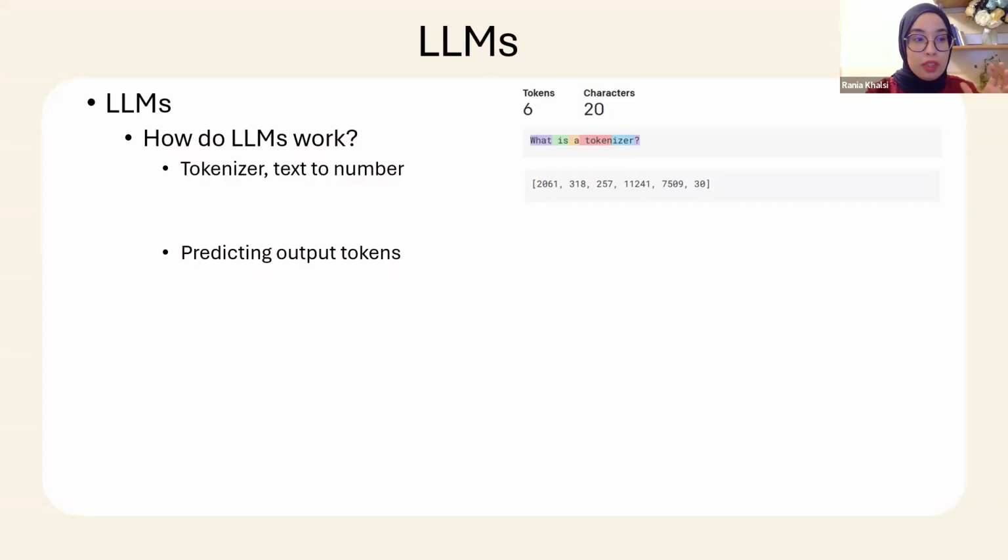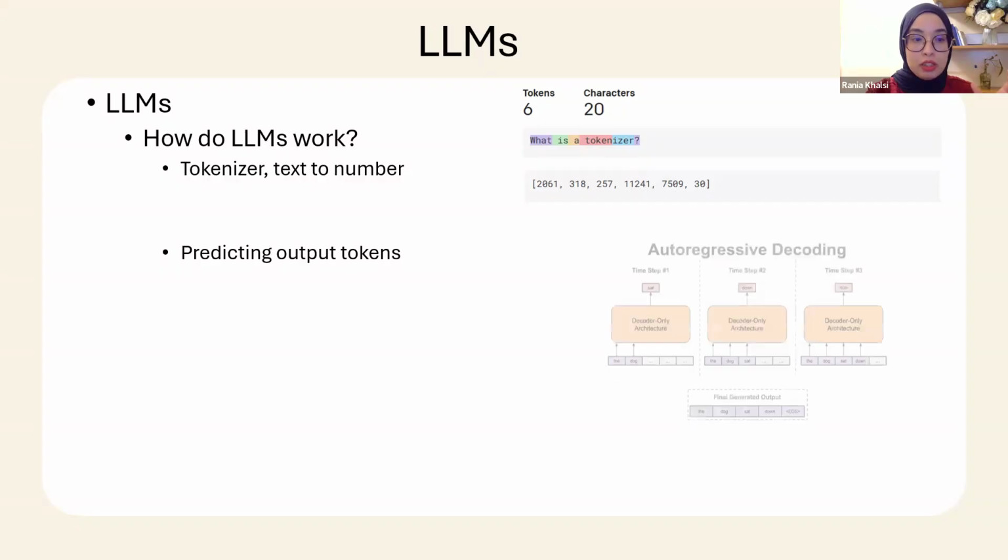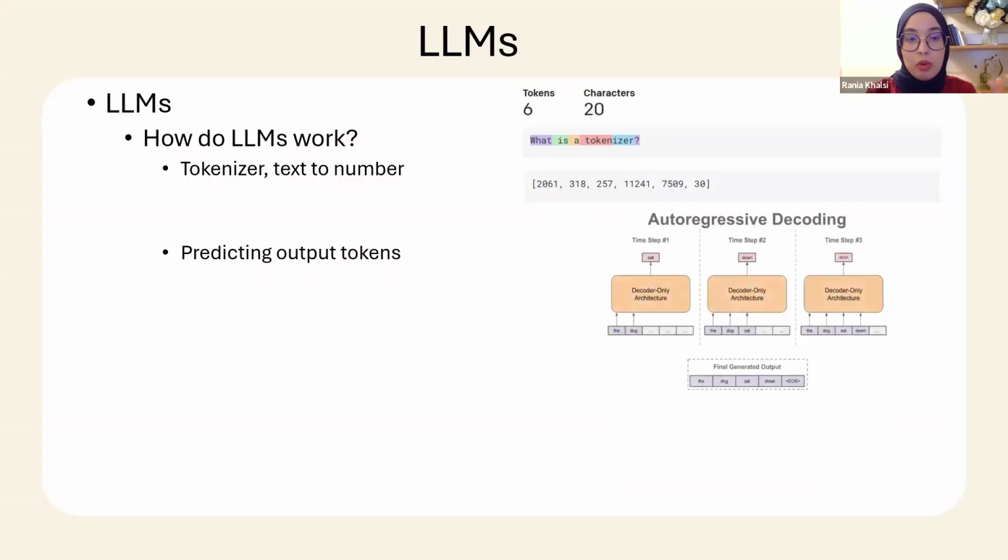So this is mainly the prediction, and this is how autoregressive decoding works. We have here time step 1, time step 2, and time step 3.